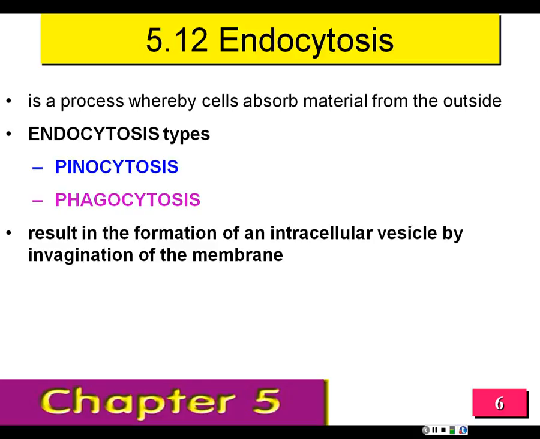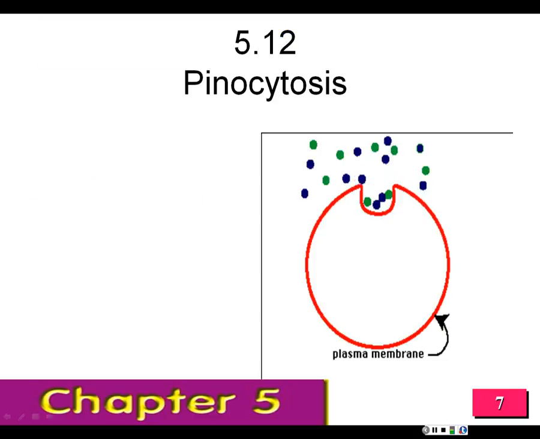It has to invaginate. So that's an invagination of the membrane. And then whatever's on the outside can be brought and packaged in this vesicle. So we actually invaginate the membrane. You see here the invagination of the membrane.